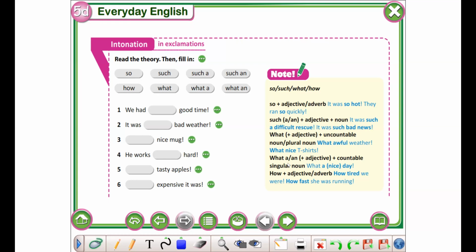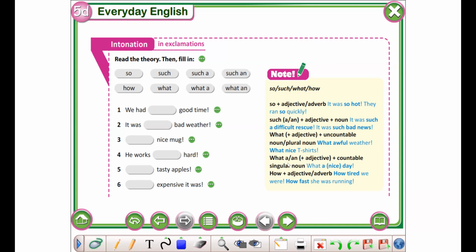How fast she was running. Yeah, but when we use how, we are expected to use the adjective or the adverb after it straight away. What a comfortable table. What a beautiful dress. So the article a goes in front of the noun, which is countable.